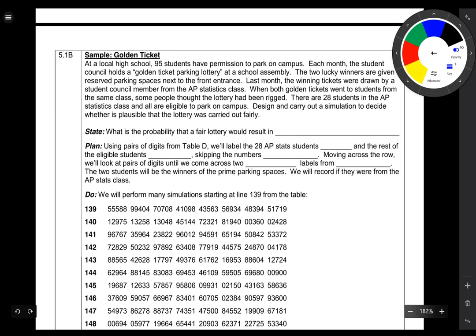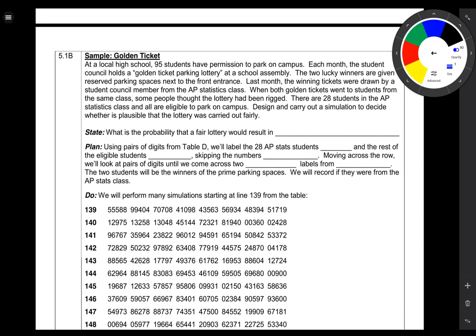Okay, this one is called Golden Ticket. At a local high school, 95 students have permission to park on campus. Each month, the student council holds a "golden ticket" parking lottery at a school assembly. The 2 lucky winners are given reserved parking spaces next to the front entrance. Last month, the winning tickets were drawn by a student council member from the AP Statistics class.